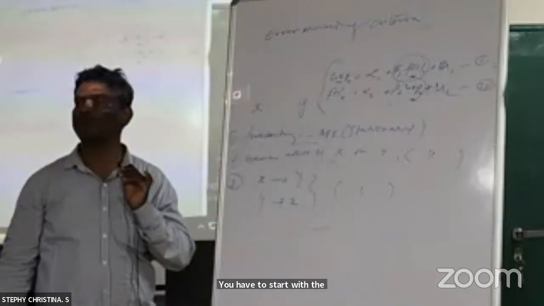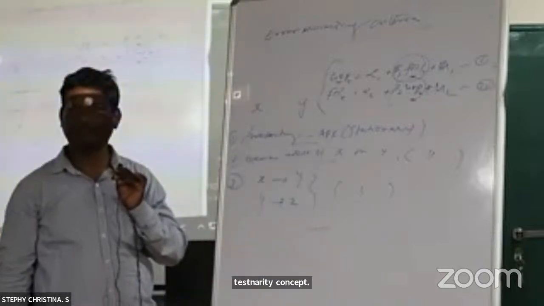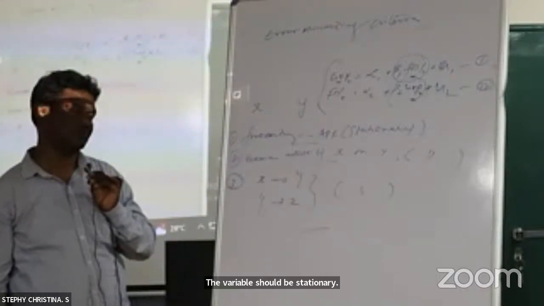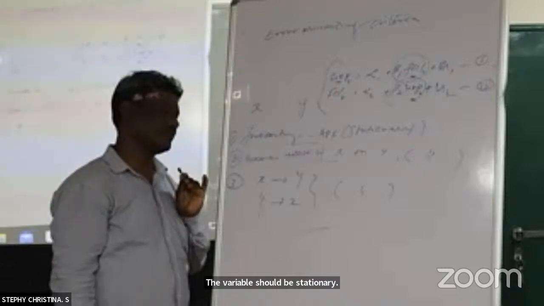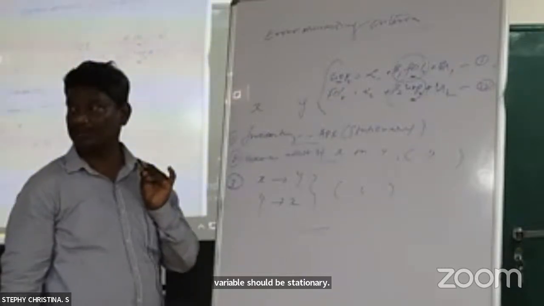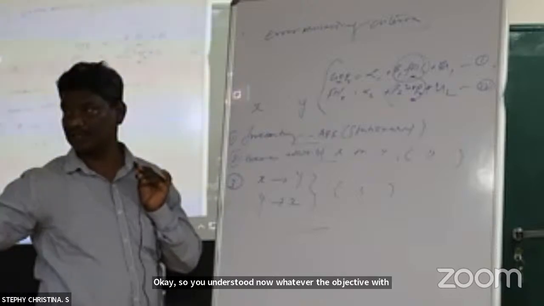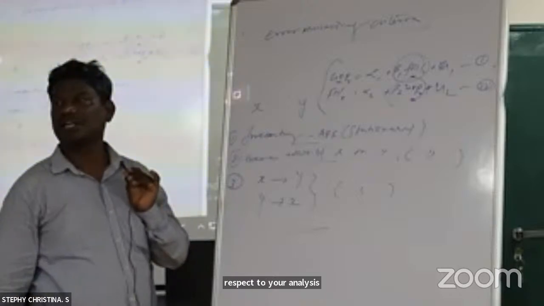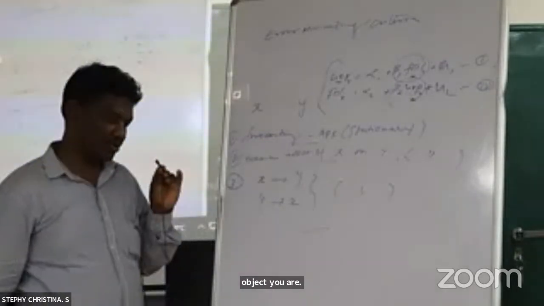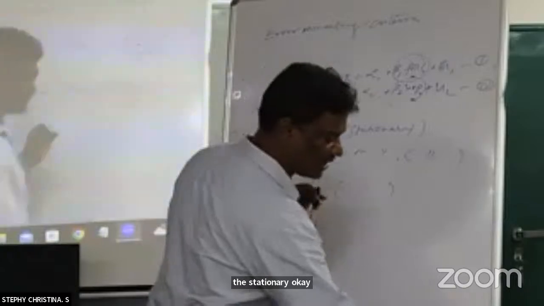The variable should be stationary. So you understood now, whatever the objective with respect to your analysis, the starting point is the stationarity. Okay. So let me start with the stationarity.